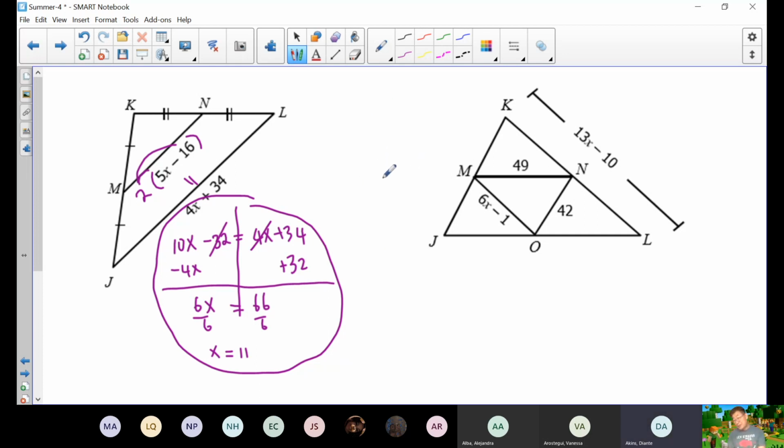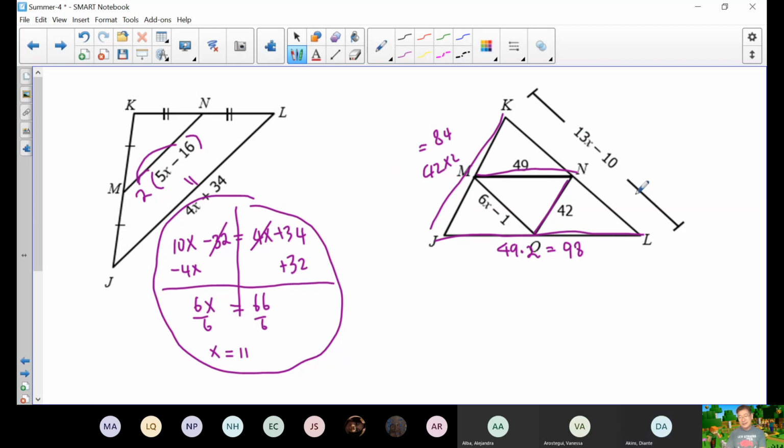This one looks complicated, but it's not actually. Look at this. I mean, you can get the line, right? This is a 49. How can you get this line? 49 times 2, right? Boom, this one is 98. This is 42. How do you get this one? 42 times 2, right? Which is 84.